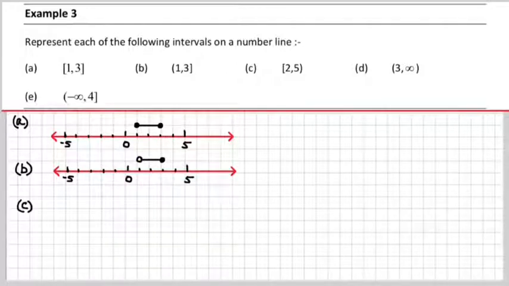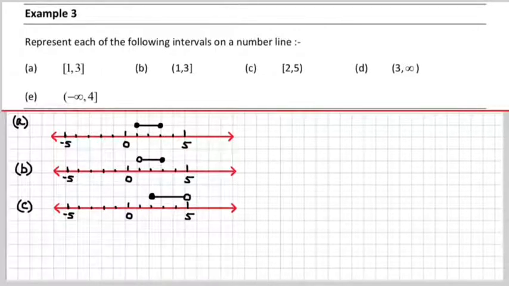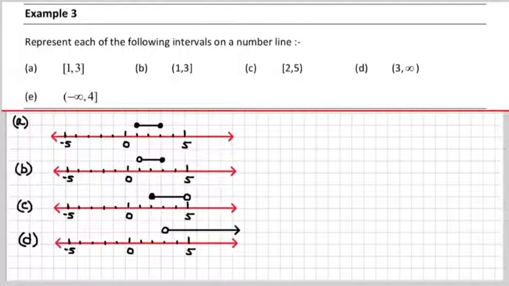Very nice, yes. Part C, what do we got? From 2 to 5, including the 2, not including the 5. Closed dot on the 2, open dot on the 5. Great. D is 3 to infinity, not including the 3. So that would give us an open dot on the 3.